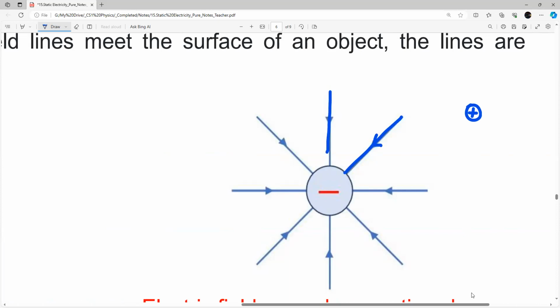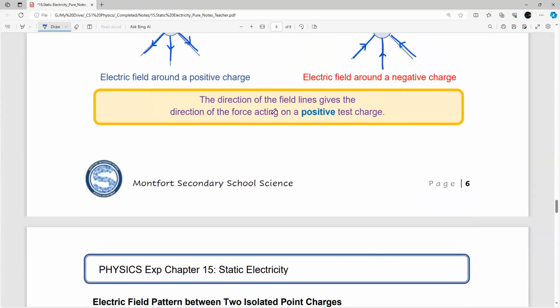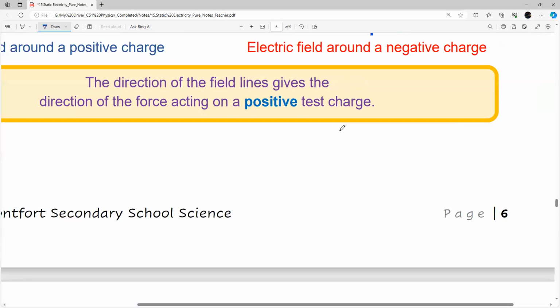So the electric field lines for a negative charge are towards it. So the direction of the electric field lines gives the direction of the force acting on a positive test charge. This is the positive test charge.